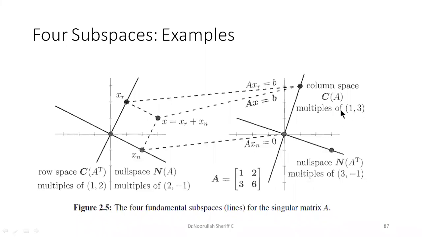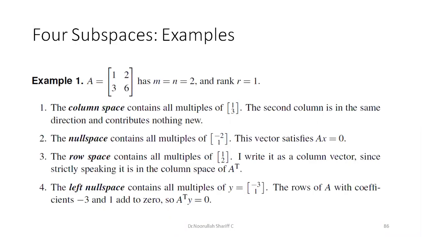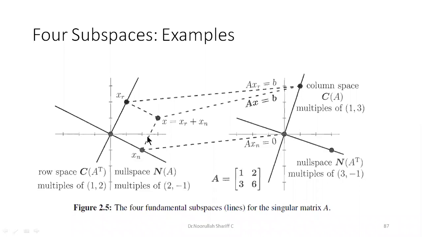Okay, then let us see the other one. We have the null space which contains multiples of minus 2 and 1. This corresponds to x's and this corresponds to y's.